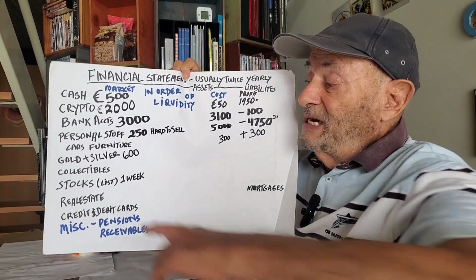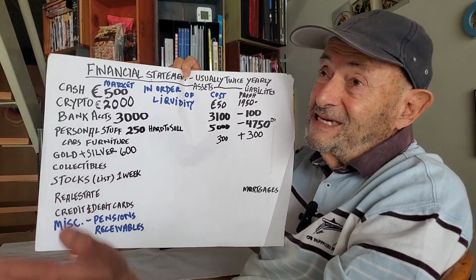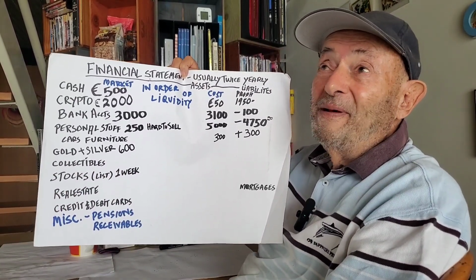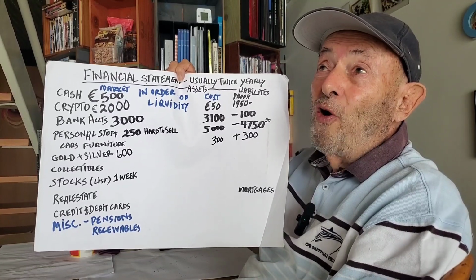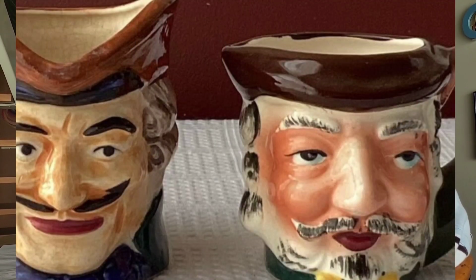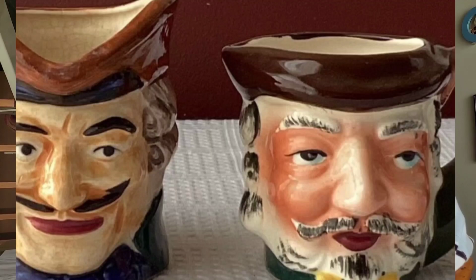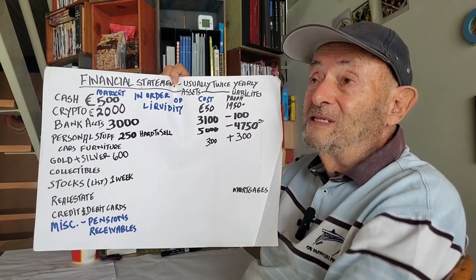So collectibles, boy, up and down. Somebody used to collect Toby jars. You have a human being face with a nice hat, and you drank your beer out of it. All those used to go for $1,000 each. They're about 200.